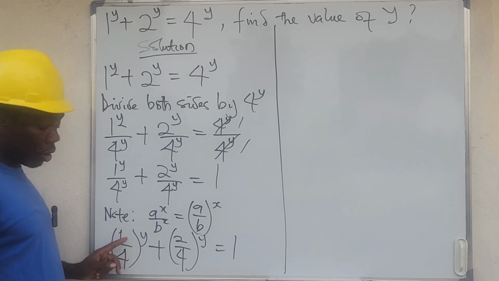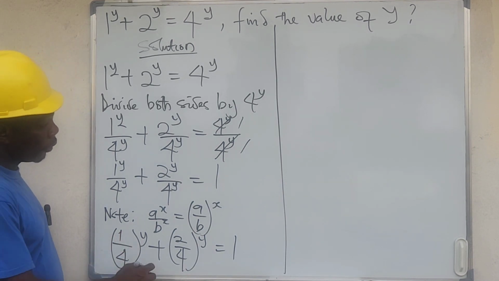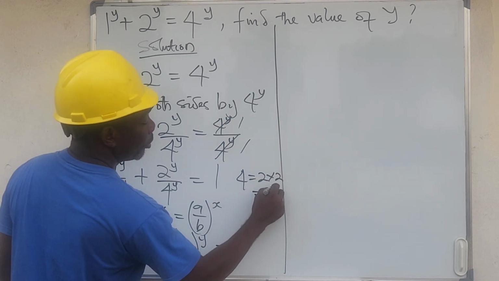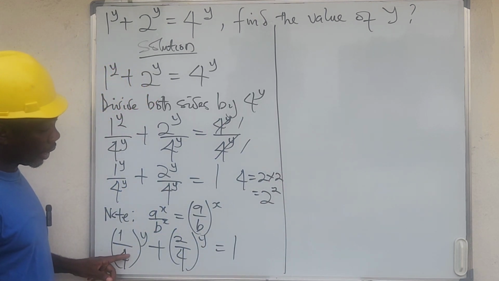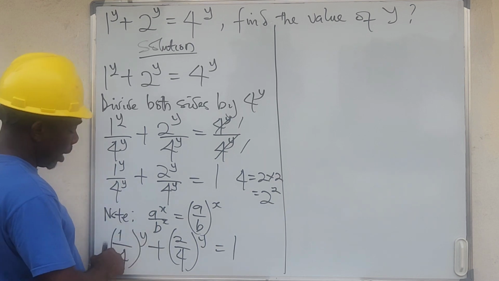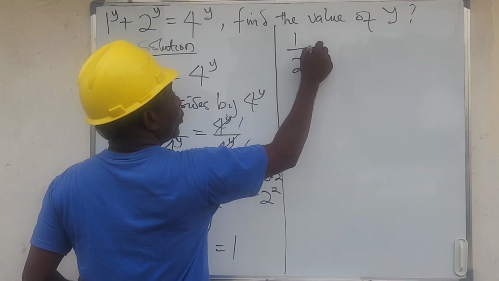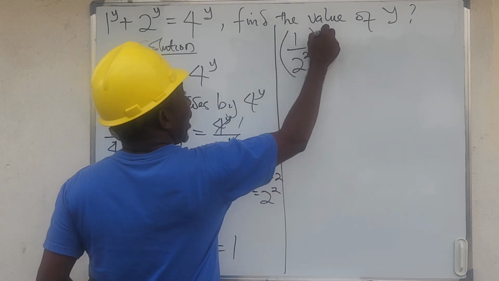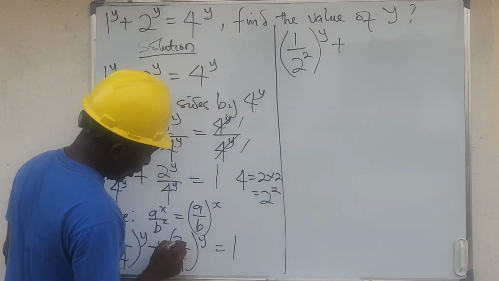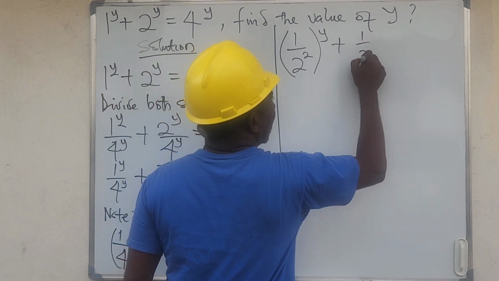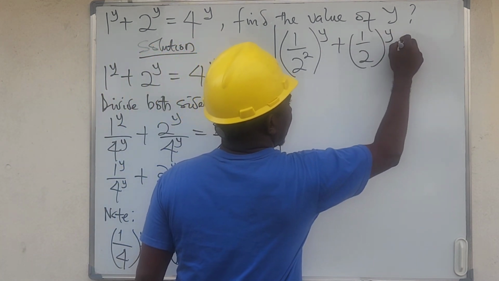Here we have 1 all over 4. So 4 is the same thing as 2 times 2, which is equal to 2 raised to the power of 2. So we can substitute that into this place. So we have 1 all over 2 raised to the power of 2 all to the power of y plus this one, 2 cancel here 1, 2 cancel here 2. So we have 1 all over 2 all raised to the power of y equals 1.